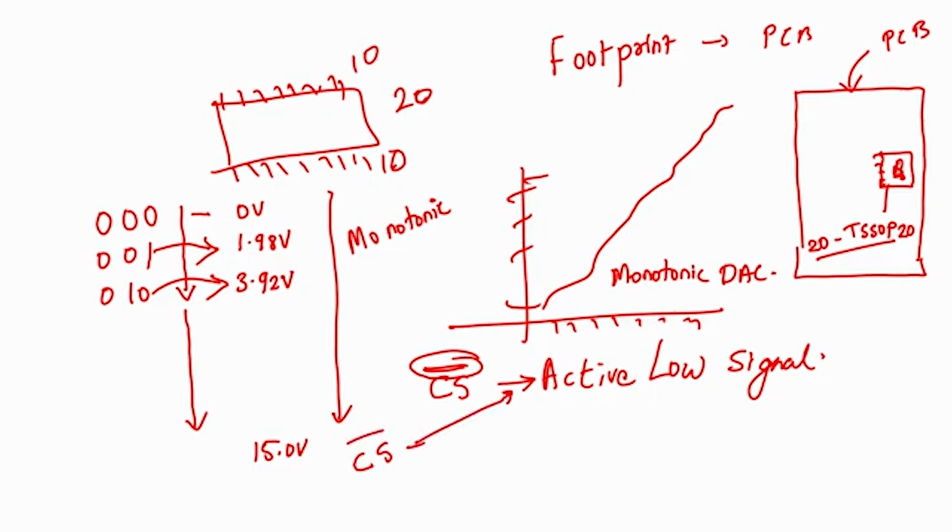Active low means that the signal, or the functionality of the pin, will be enabled when the value of the signal is 0, so that the complement of it, which is what the bar does, becomes 1 and it becomes high. So, active low means that the signal or that pin is active when it is low or 0. You should understand this.